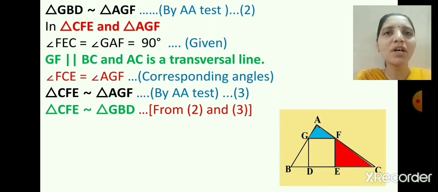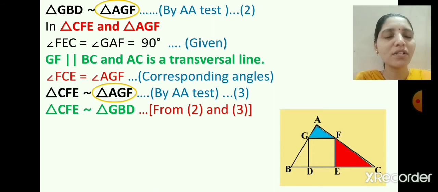Now observe equations 2 and 3 where we have a common triangle, that is triangle AGF. Therefore, we can write here triangle CFE is similar to triangle GBD because they are similar to triangle AGF. So these two must be similar because we have seen the transitivity property of similar triangles.